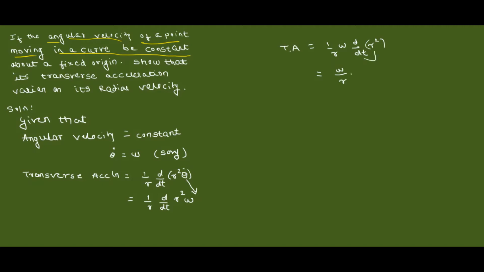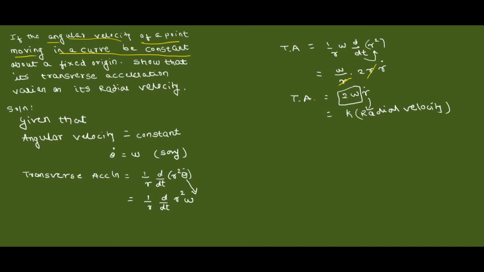Now what is the differentiation of this r square? Differentiation of r square is 2r into r dot, and here this r and r get cancelled. So what are the remaining terms? Transverse acceleration is equal to 2 omega r dot. 2 is constant, omega is constant, I will write it as k, and the remaining term is r dot, and r dot we can also write as radial velocity, because radial velocity formula is r dot.